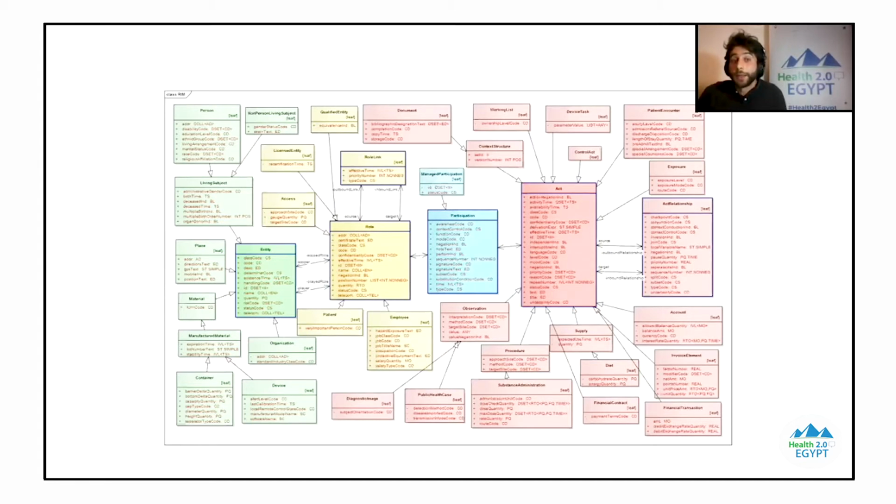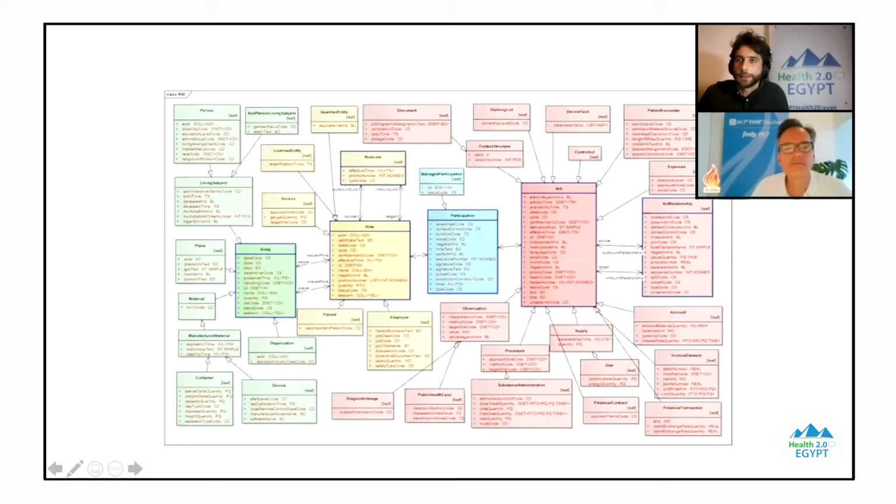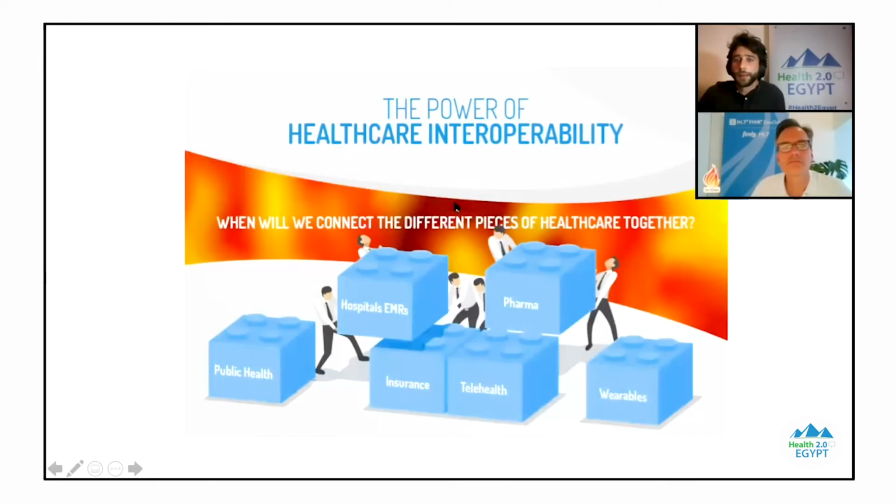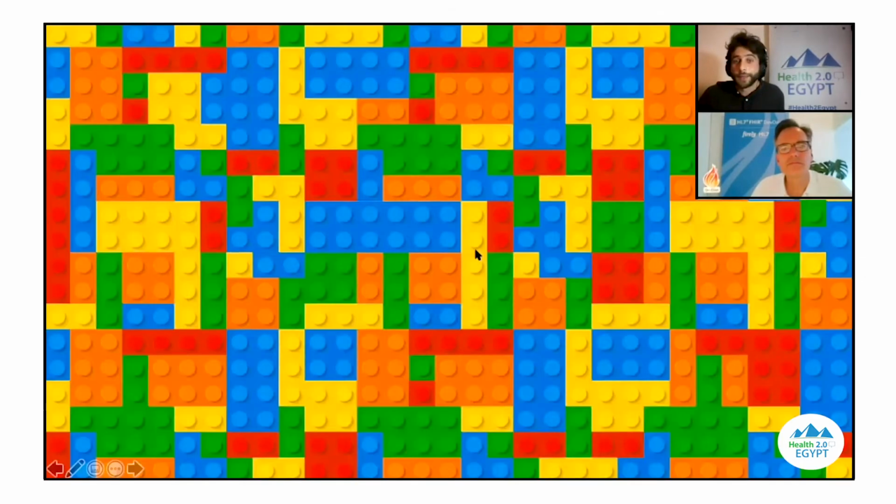FHIR is the latest standard, and I think the main premise, Rian, is this idea of FHIR being simple, right? This is the graphic that the designers did for us. I like to think of it as Lego blocks.